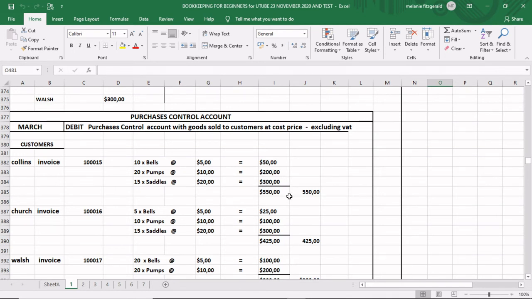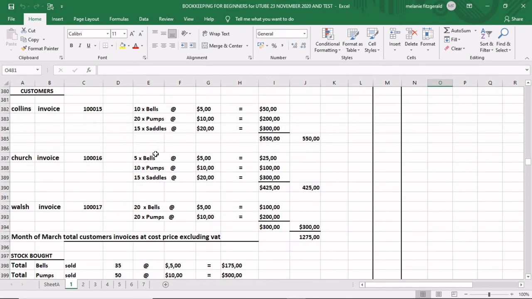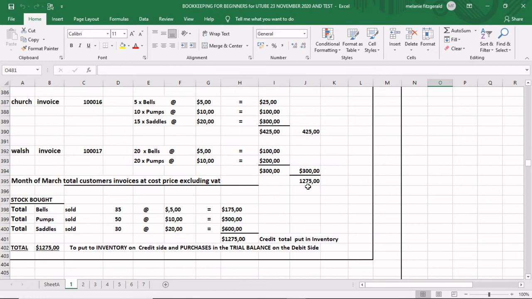In total, the amount that he bought from us was $550 worth of stock. We do one for Mr. Church as well, and also for Mr. Welsh, for the stock that they bought from us. We add up the total stock that was bought from us, $1,275 worth of stock.